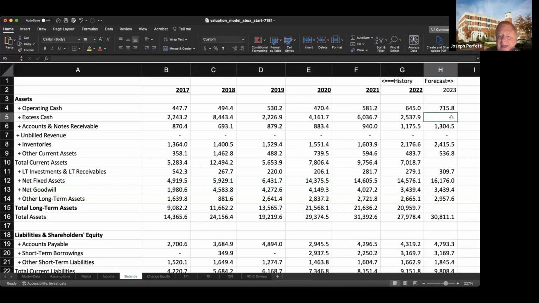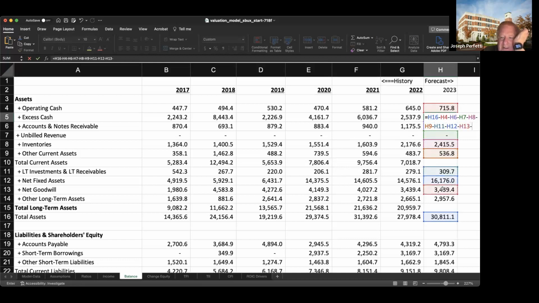Here's how you plug for excess cash. Excess cash, which is cell H5, equals total assets minus everything else: minus operating cash, minus accounts and notes receivable, H6, minus unbilled revenue, H7, minus inventory, H8, minus other current assets, H9, minus long-term investments, H11, minus net fixed assets, H12, minus goodwill, which is H13, and minus other long-term assets, which is H14.